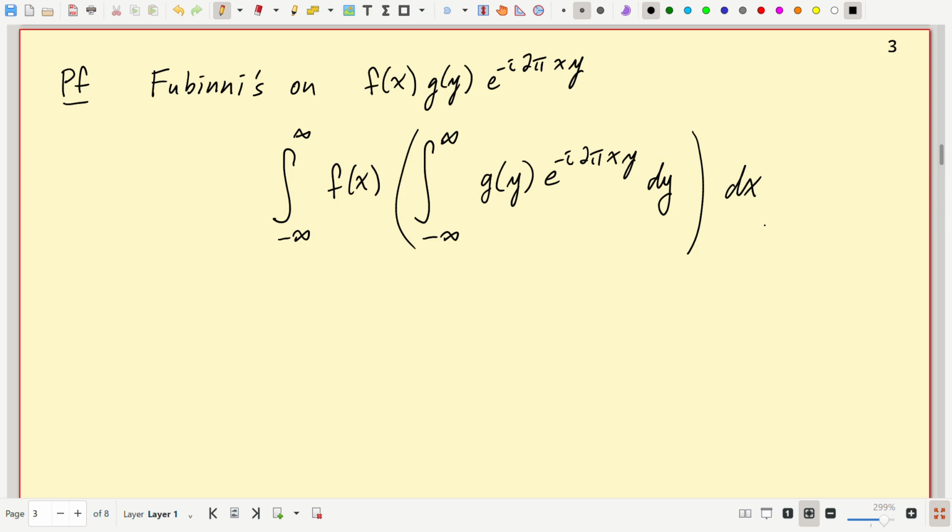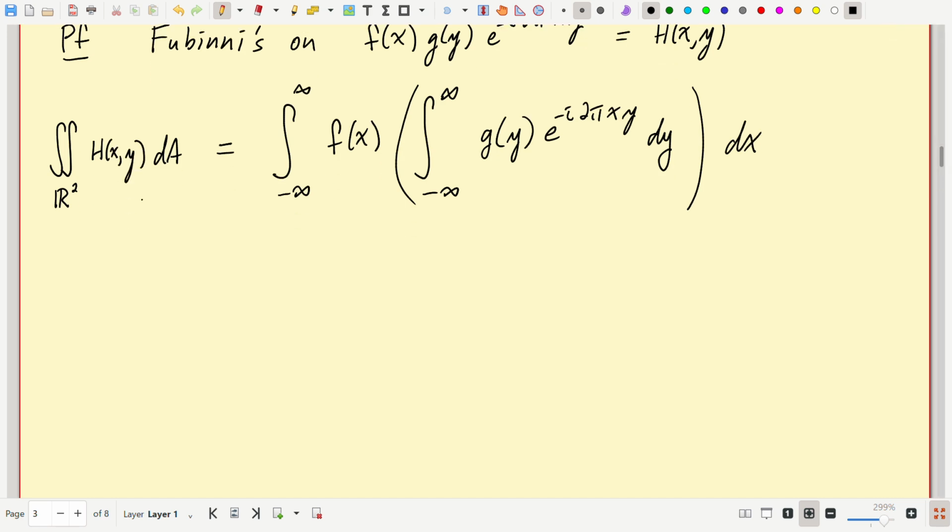That's the integral on R2 of that function. I should be more professional. I should call this h of xy. And then this would be the integral on R2 of h of xy as an iterated integral.